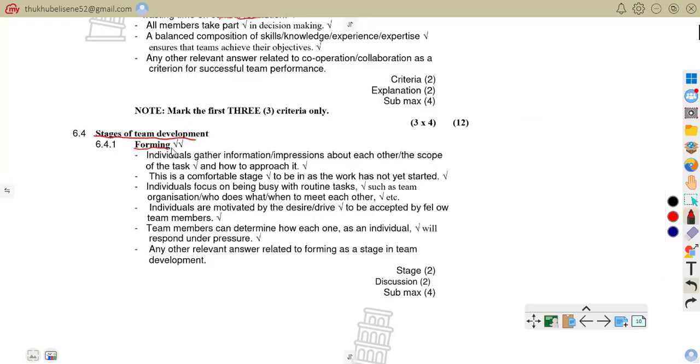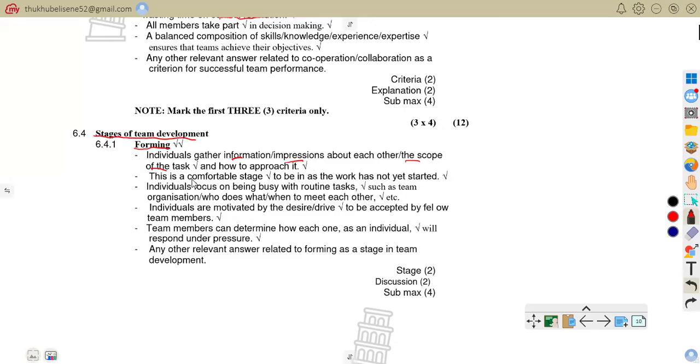Forming stage. With the forming stage, individuals gather information and impressions about each other, the scope of the task, and how to approach it. So in the forming stage, that is the first meet. This is when the team meets for the first time. So that is why they gather information, impressions about each other, and the scope of the task.